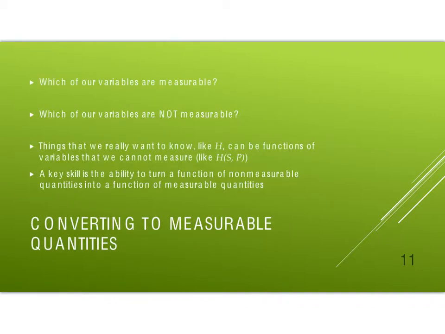But what we want to do is consider which of our variables are measurable. So I look at this and it's like P and T, volume, I can do those, I can measure those.